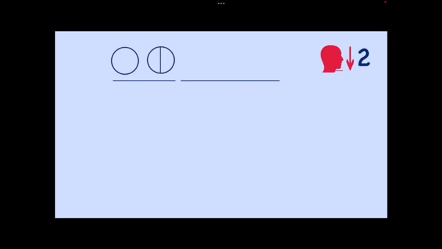Next we have two pretty similar words. They've both got two syllables. Reason and season. Re, son, or sea, son.